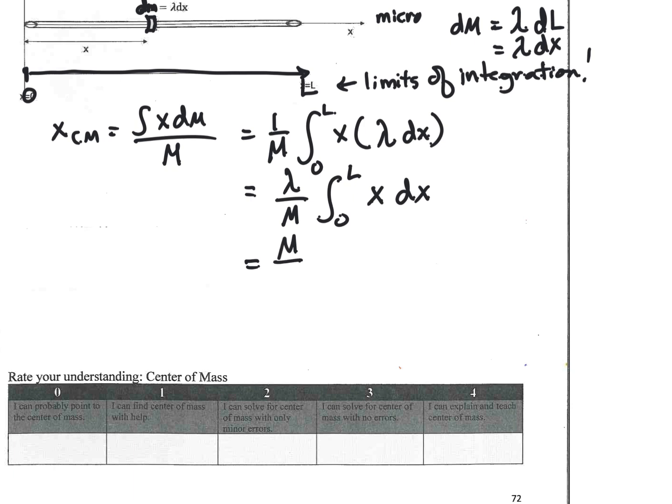The m is going to go away, leaving 1 over L times the integral from 0 to L of x dx.